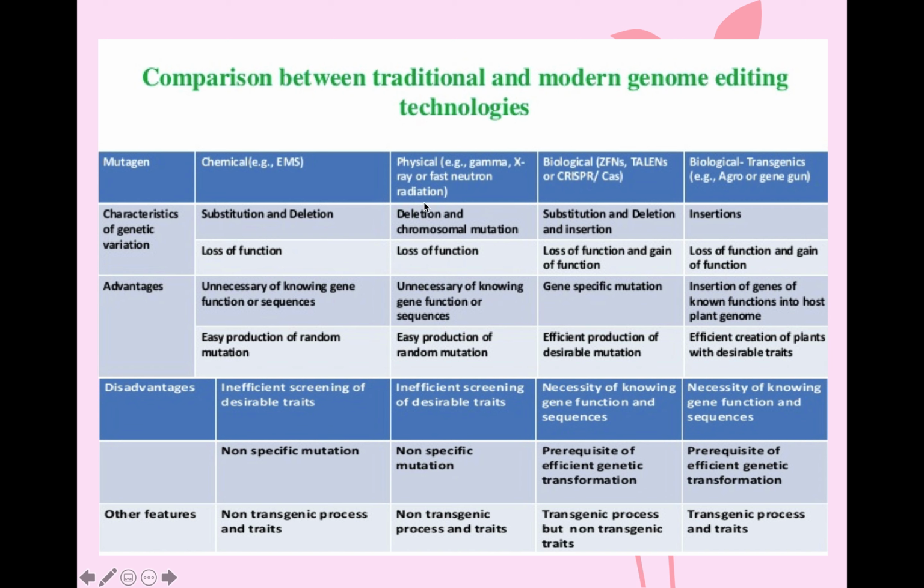These are their characteristics, and their advantages and disadvantages and other features. So you can see how they could be compared and used. As you go through this diagram, you will see that they are efficient to a certain extent, but it doesn't mean that any one is a cure-all.